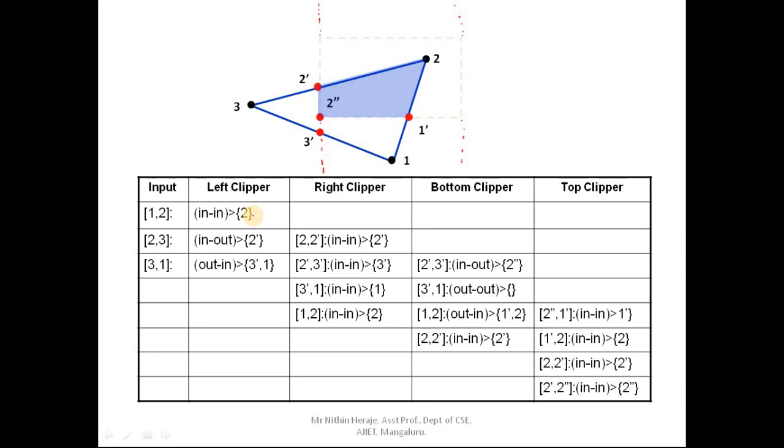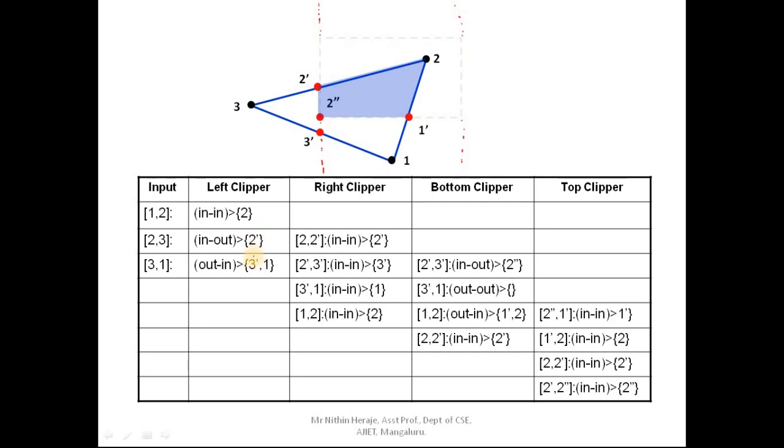First we have 2 and 2 dash. 2 is here, 2 dash is here, both are in, so the output is 2 dash. Next line segment is 2 dash comma 3 dash.